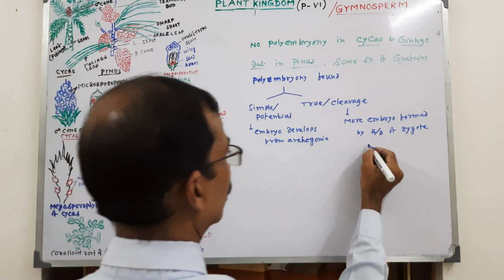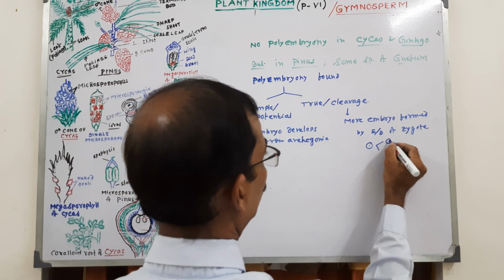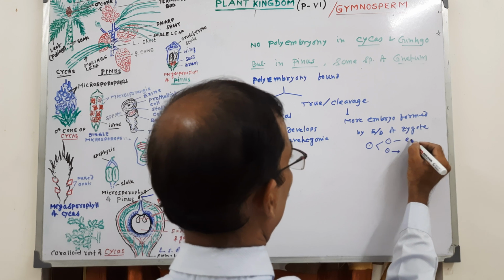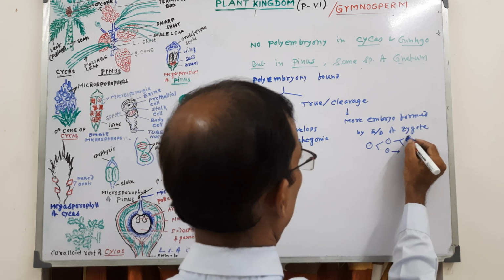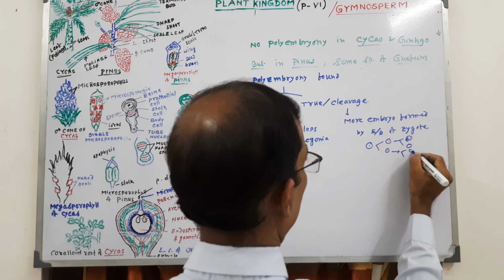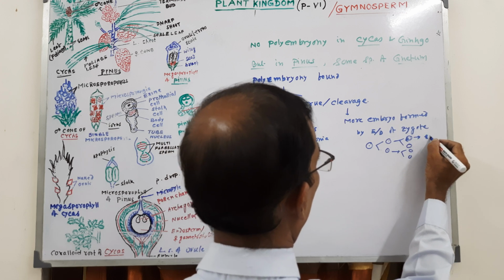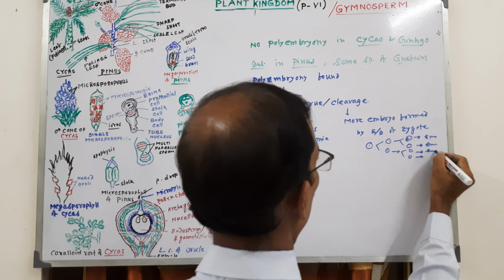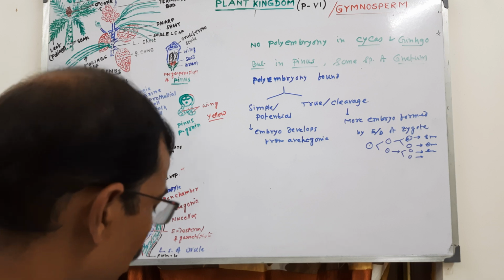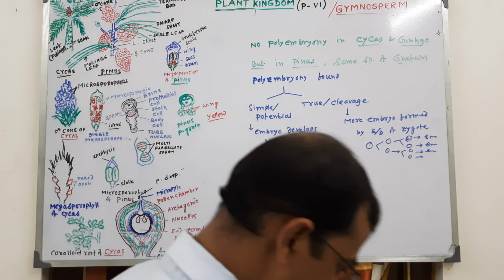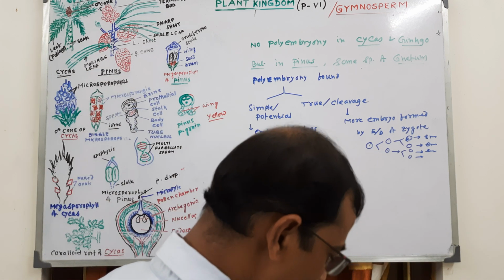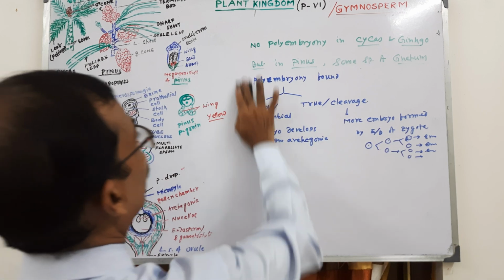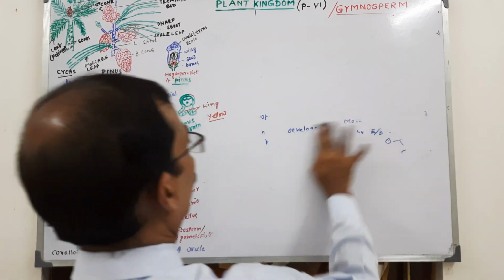That is, one zygote splits into two, and this further splits into more segments. Each segment forms an embryo. So polyembryony is found in Pinus, etc. Now about the mature embryo, the parts of the mature embryo.